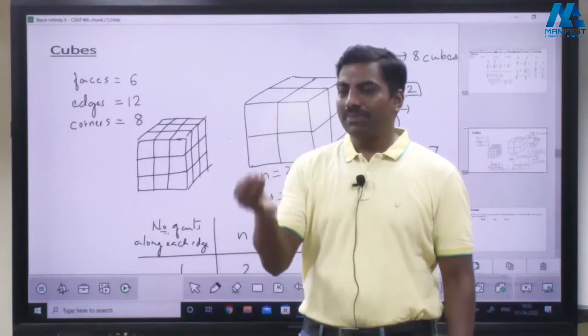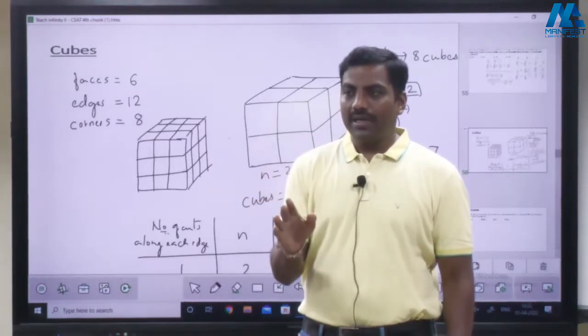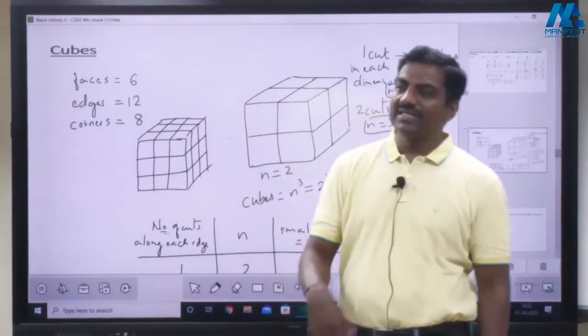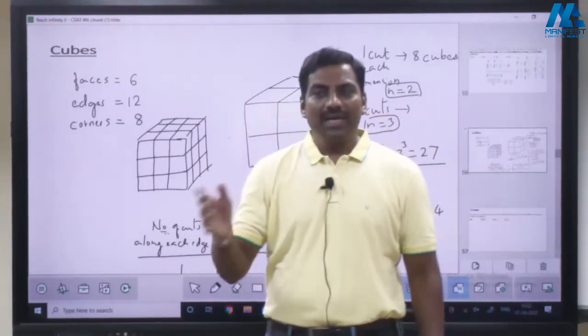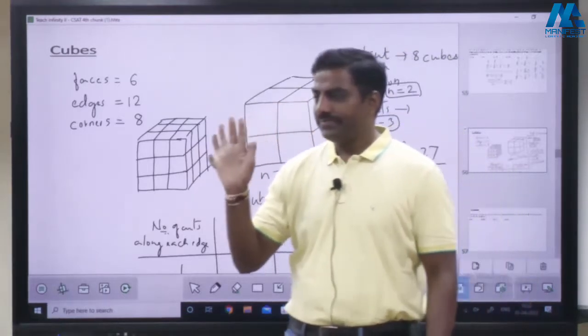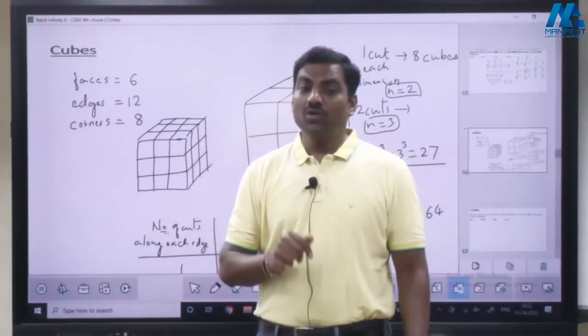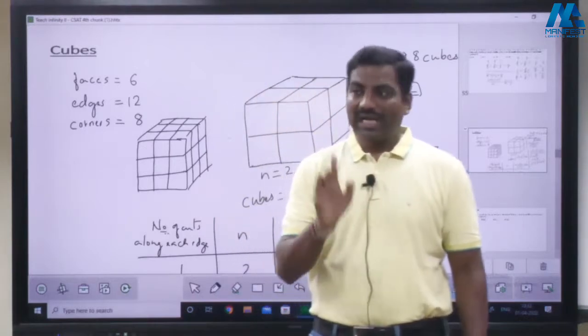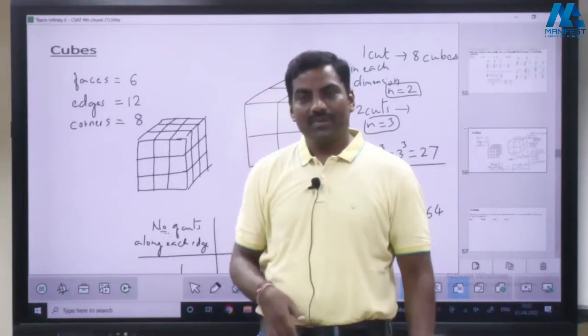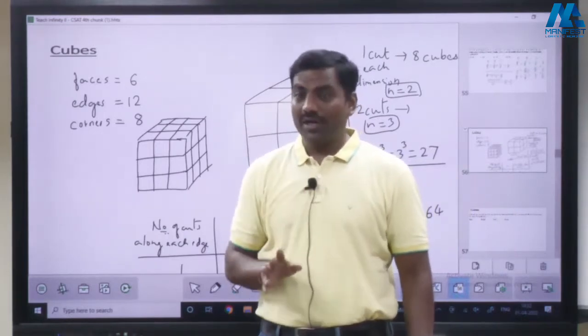First, I'll go with a very simple thing. I am painting all the faces with only one color. Let us take that as white color. We are painting a bigger cube only with white color. Done? Then after that, what we'll do? We'll cut. Always in our problems, they will paint, then they cut. They don't cut and paint, okay?